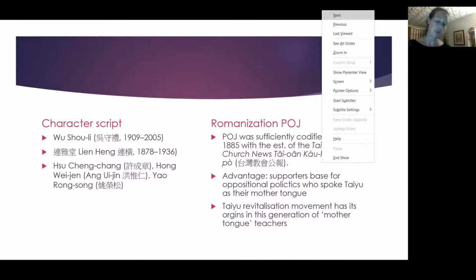And since there was a basis of oppositional politics, their support for the language was tied to pressure groups for reforming other political and societal aspects. That link is fairly easy to make.